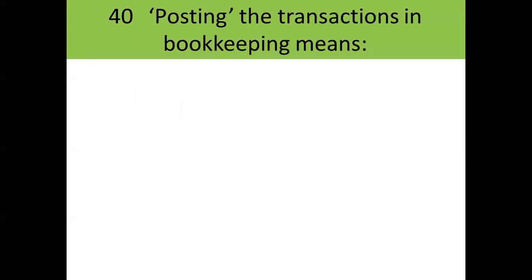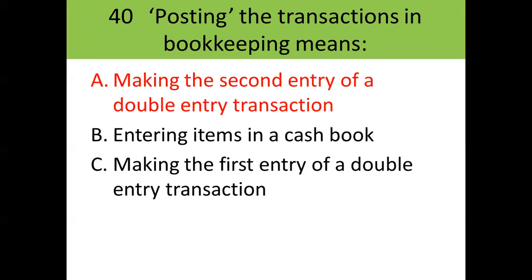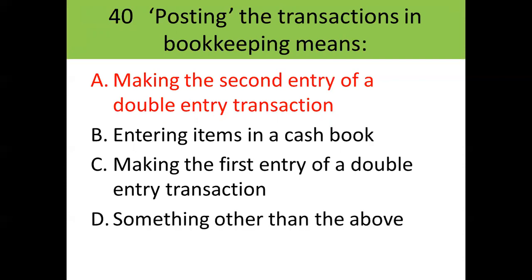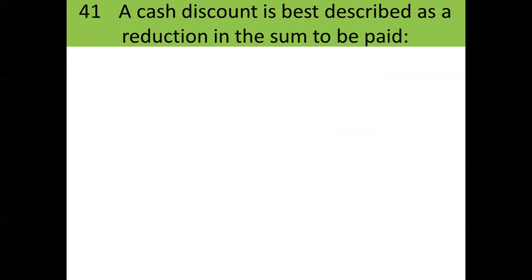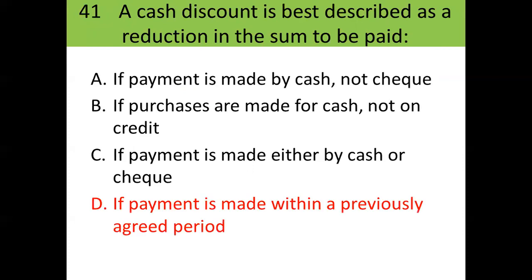Question 40. Posting the transaction in bookkeeping means making the second entry of a double entry transaction. The cash discount is best described as a reduction in the sum to be paid if payment is made within a previously agreed period.